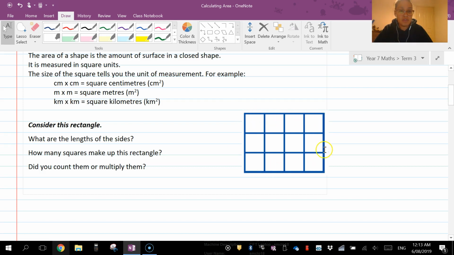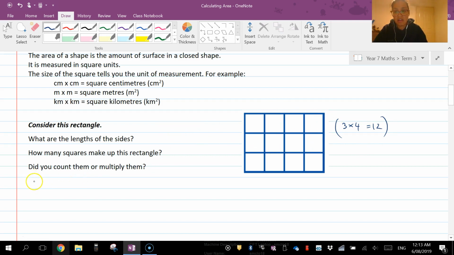I've got four columns of 3 rows, and if I counted up all those squares manually, 1, 2, 3, I would have 12, or adding them up in groups, 4, 8, 12, or 3, 6, 9, 12, or I could have just gone 3 times 4 equals 12. Now essentially what you're doing there is the area formula for a rectangle.